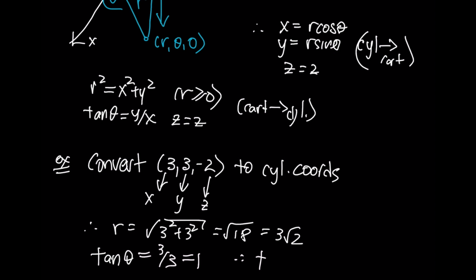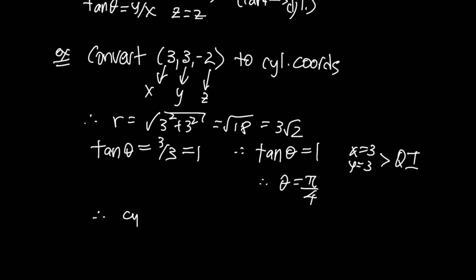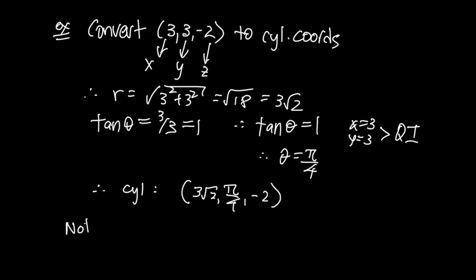Now, of course, there are multiple answers to trig equations like this, but when x is 3 and y is 3, this corresponds to a point in the first quadrant. We are going to take the angle here to be pi over 4. So the point in cylindrical coordinates is going to end up being 3 root 2, pi over 4, and -2. The z value stays the same.